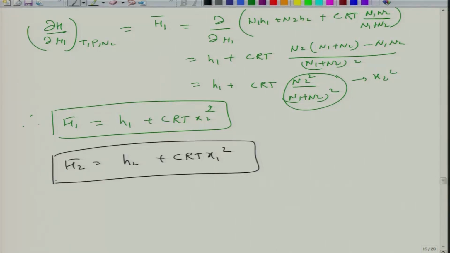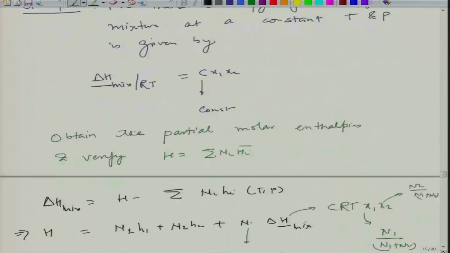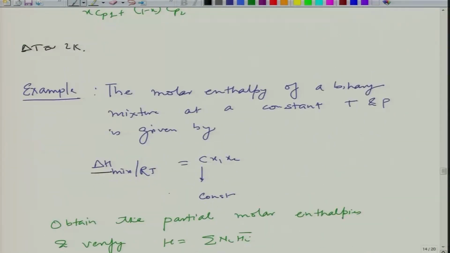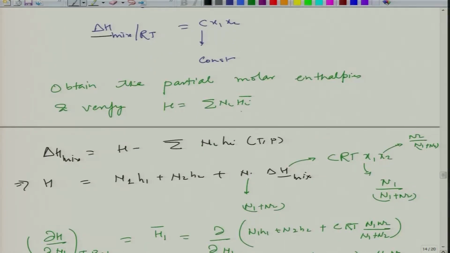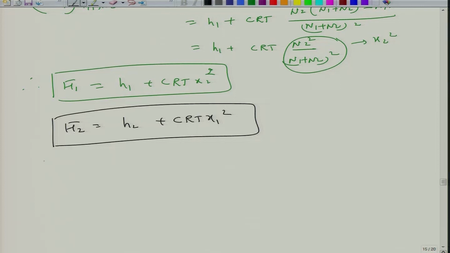Okay. Now, given these two, we should be able to show the Euler relation. So, if you plug in this, what do you get? N1 H1 bar plus N2 H2 bar. Now we can check Euler's expression.